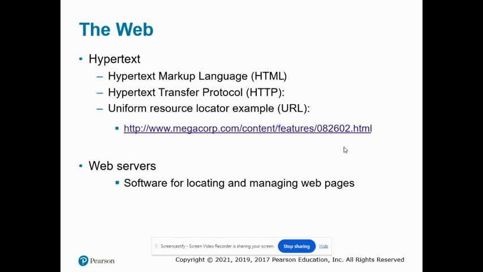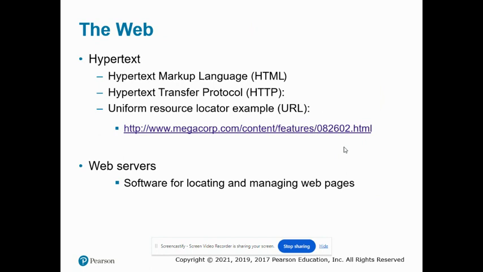Here, we look at one of the most popular services on the internet, the web, and the main protocols enabling it. The web is an interlinked connection of websites, which are collections of web pages linked to a home page. These pages are created using a text markup language called HTML and are transmitted to a user's web browser by HTTP.